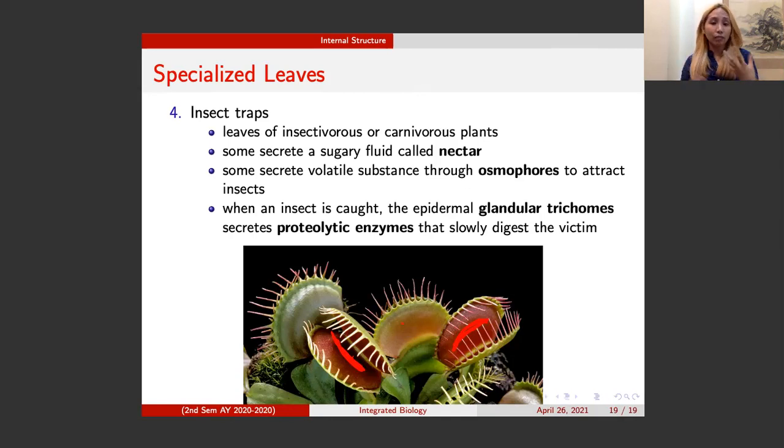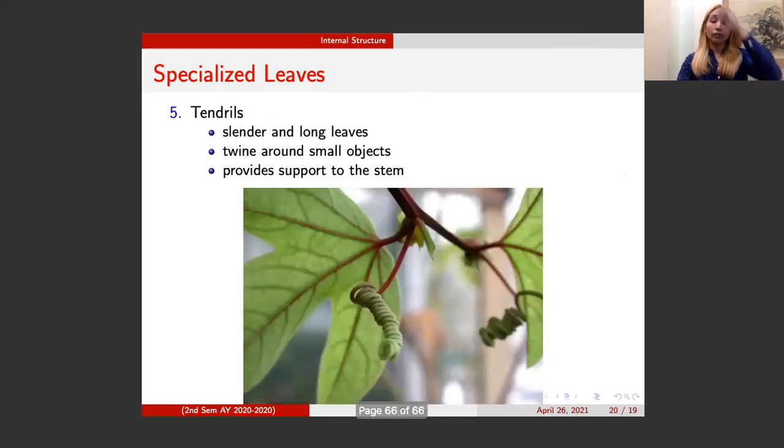And then they absorb, no, whatever is left of the victim, and that's how they actually eat them. So kaya sila tinawag na insectivorous.